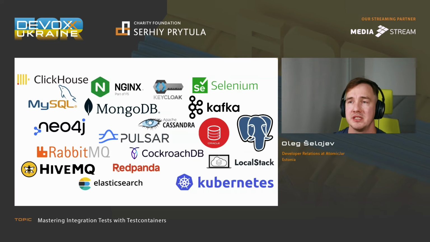Testcontainers Java also comes with a large ecosystem of modules, which are libraries that somebody in the community created for the particular integration with the technologies that you want. For example, do you know how to run Kafka in a container? You might not, but as an application developer, you don't have to, because you rarely run Kafka in production yourself.